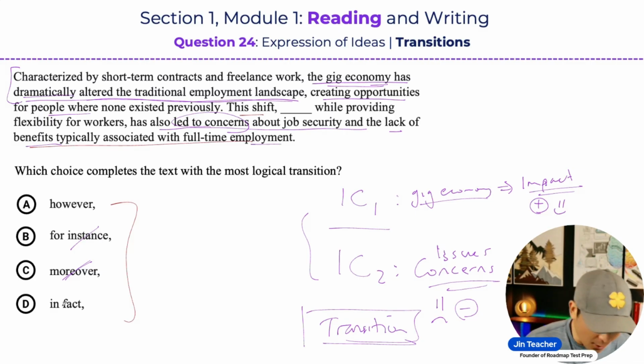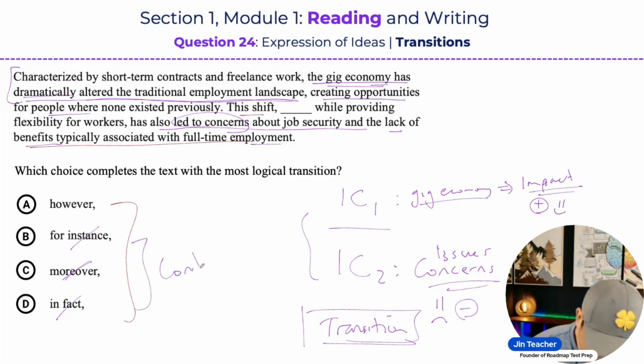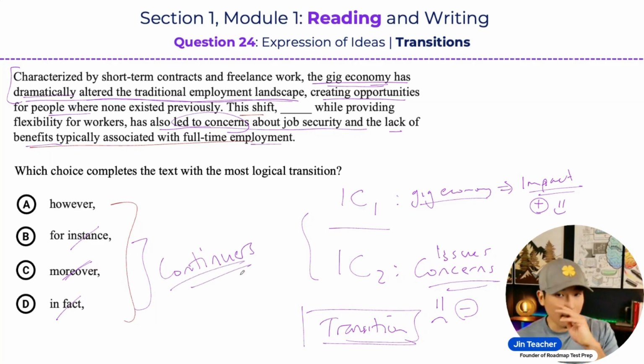And in fact also continues the previous sentence in a way that strengthens or emphasizes what it said. So B, C, and D are all under the category of continuers. These are all continuing transition words. They continue the discussion of the previous topic in different ways.